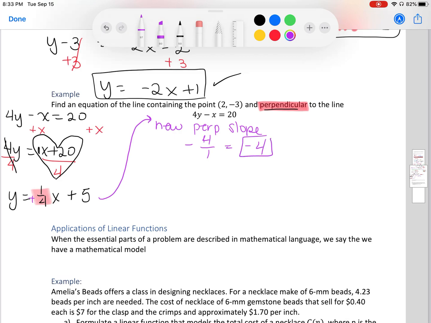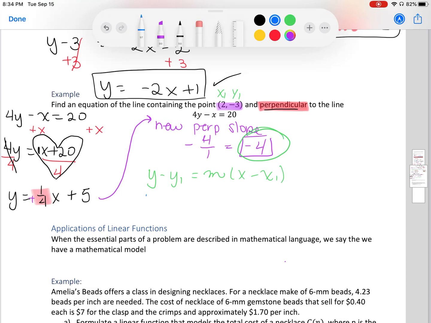So that is our new slope. Okay, we're going to use our slope and our given point to create an equation. Recall your equation is y minus y1 is equal to m times x minus x1. Let's fill in our pieces of information. So we have x1, y1, and we have our slope.